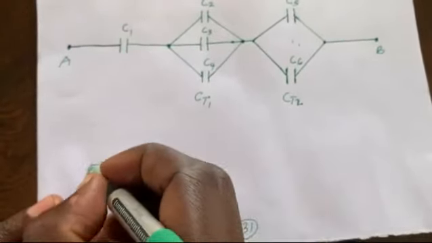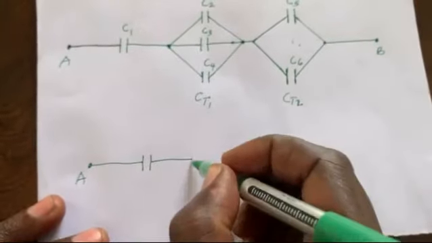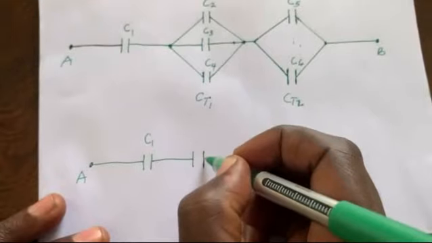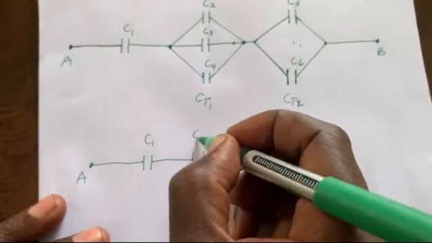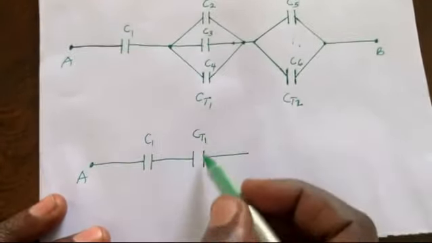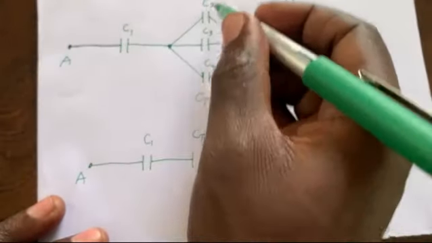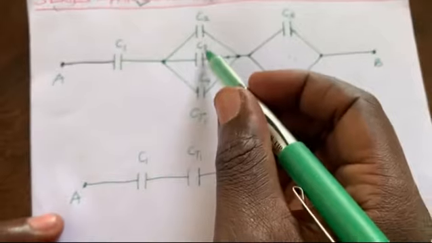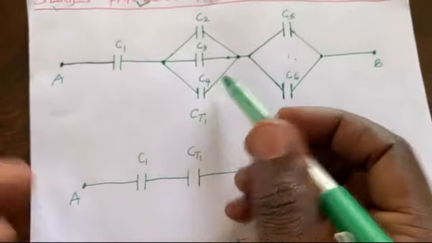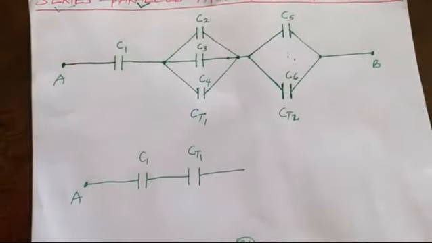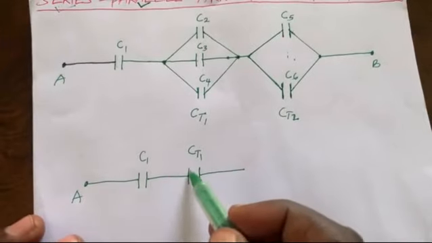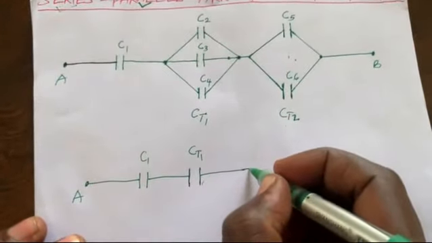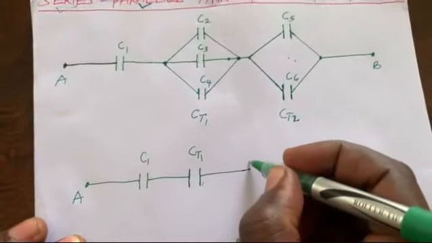You see, between point A and B, we have C1, and we have another capacitor here, which is CT1, the equivalent of this. This means the effect of C2, C3, C4 combined together will be the same as the effect of a single capacitor here, which is the equivalent of the three capacitors there.